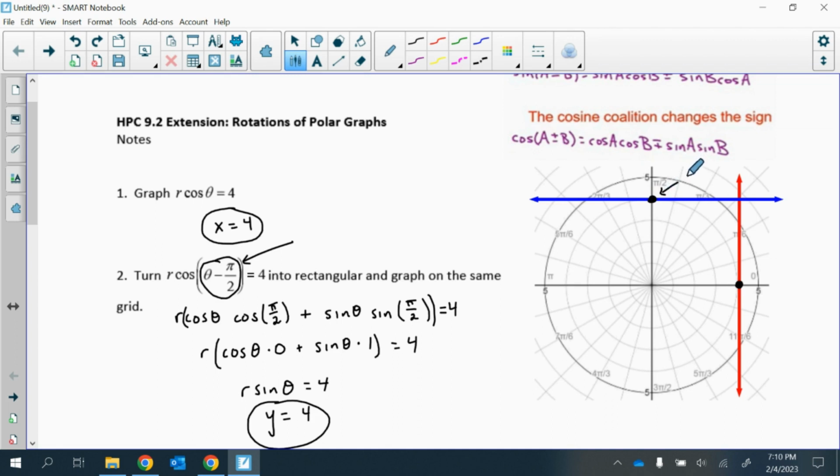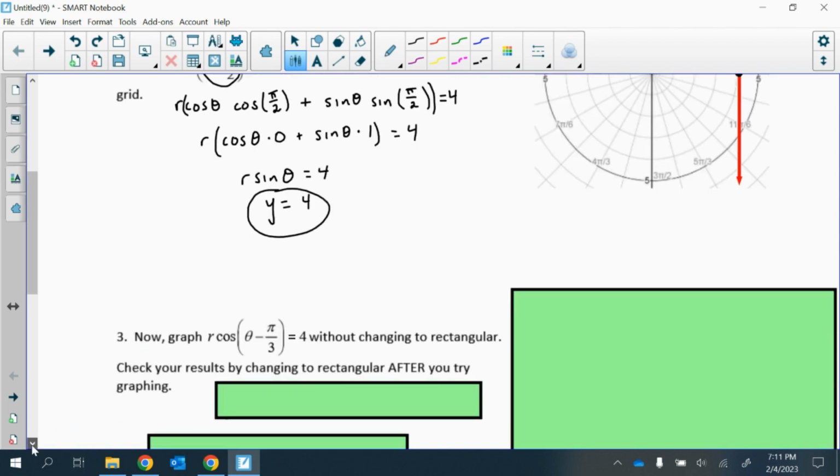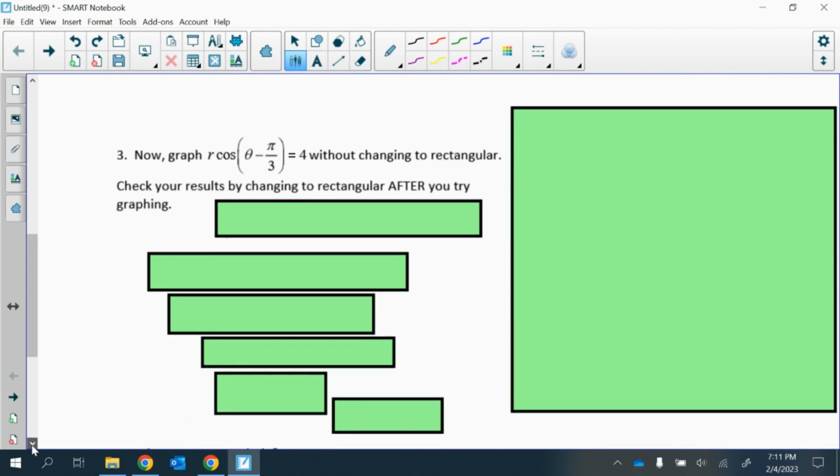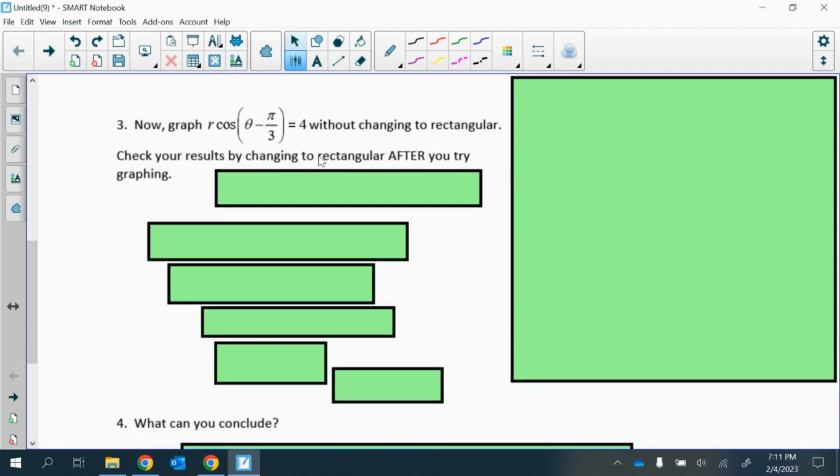And so notice that this is where r equals 4 still, but it got rotated pi halves counterclockwise.